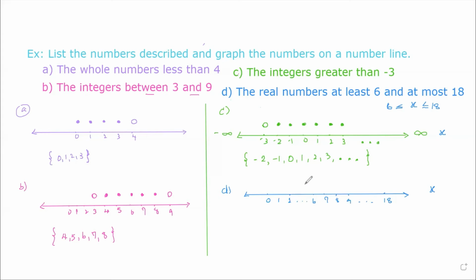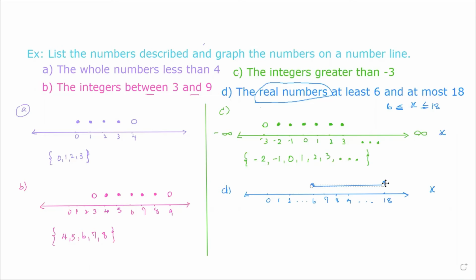Okay, so now because of the inclusion, I have the equal sign underneath, so 6 and 18 are included. So this is a black dot, and 18 is included, black dot. And because these are real numbers, we represent with one line from 6 to 18.